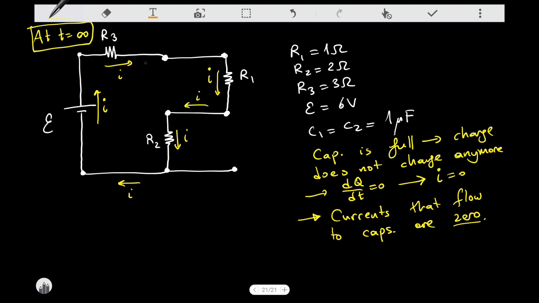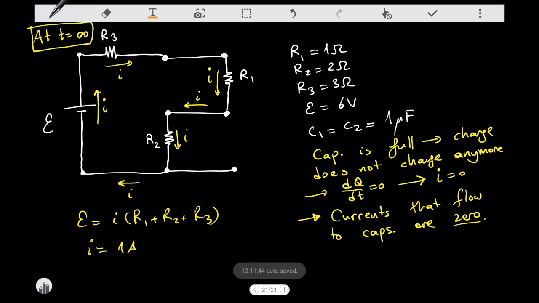Of course, it's going to pass over all of the resistors. So if I write down the loop rule, this is I times R1 plus R2 plus R3. So in that case, the current is 1 ampere for these given values. Now, that's the solution for the currents.